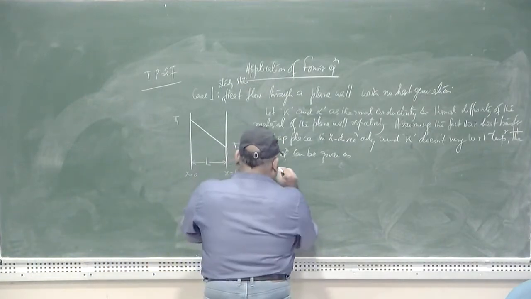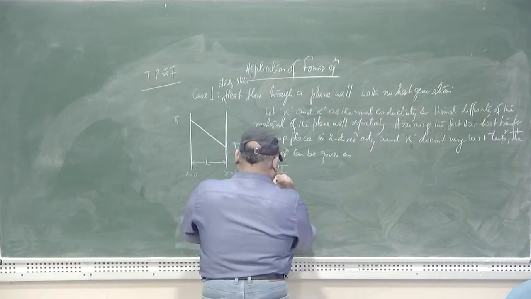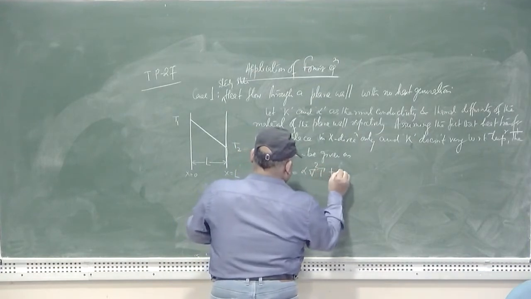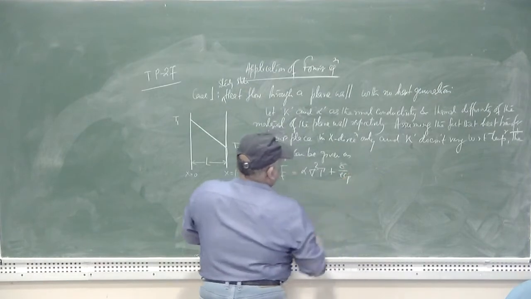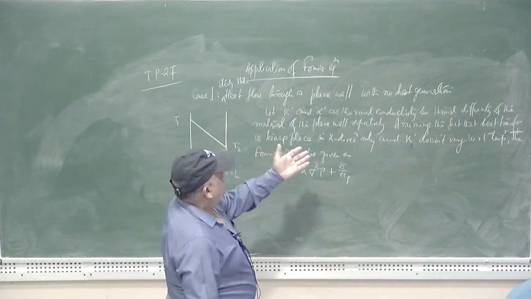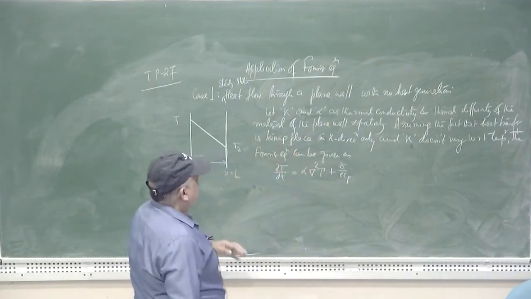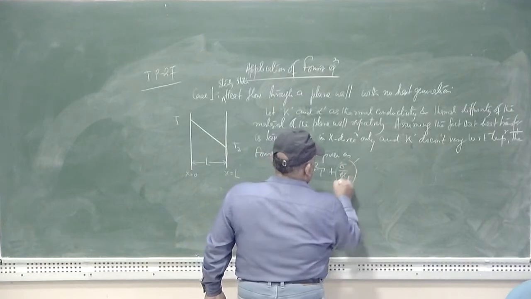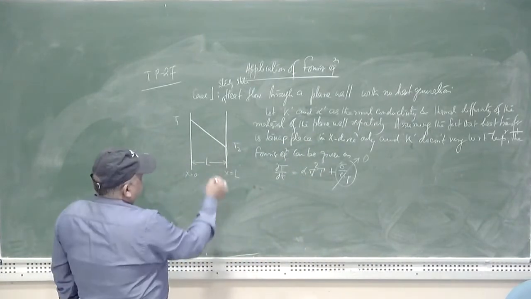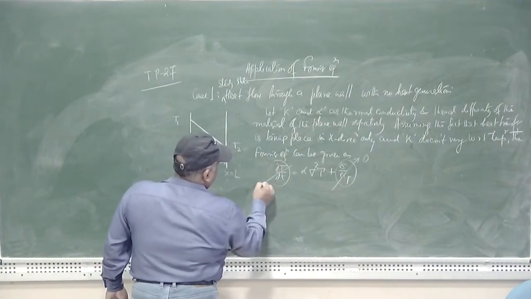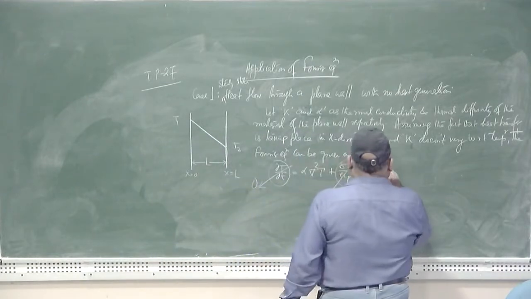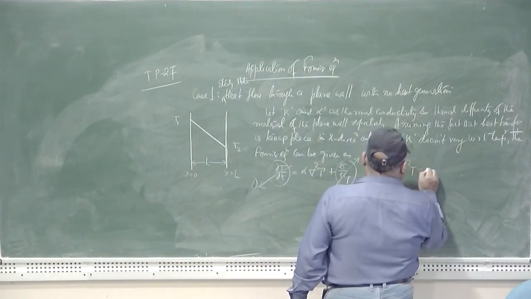So the Fourier equation can be given as, this was the Fourier equation. Since there is no heat generation, this quantity will be 0. Steady state heat flow is there, so this quantity is also equal to 0. So we can write alpha del square T is equal to 0.